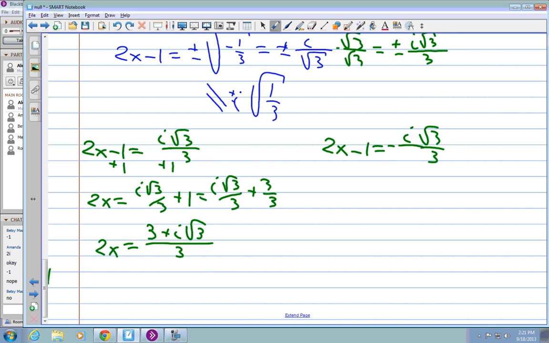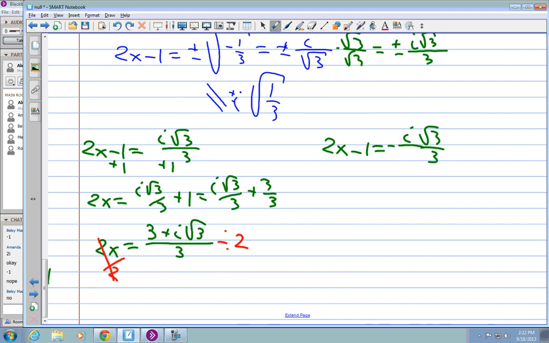How do we get rid of the 2? Yeah, divide both sides by 2. So over 2 over here, and divide by 2 over there. Right? Now, dividing by 2 when it's a fraction is the same as multiplying by 1/2, right?